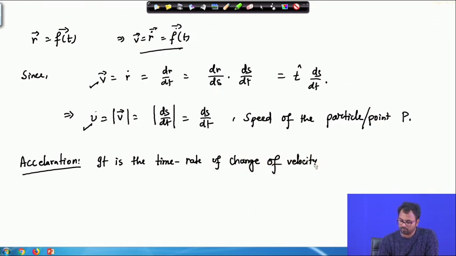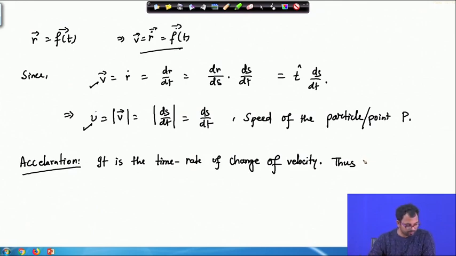So, first of all, the rate of change of r is called velocity, and now the rate of change of velocity is called acceleration. If the velocity is increasing, then it will be acceleration. If it is decreasing, then it will be deceleration. Although we use acceleration in this context, those are the two adjectives you use, acceleration and deceleration.